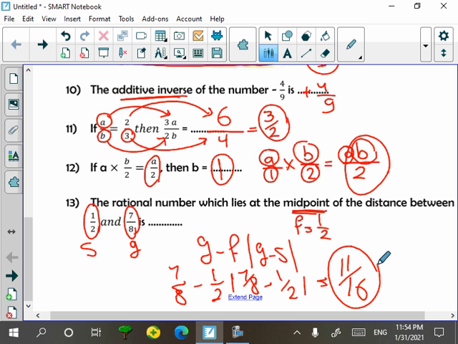Then the number in the middle way, or in the midpoint between half and 7 over 8, it will be 11 over 16. Okay.